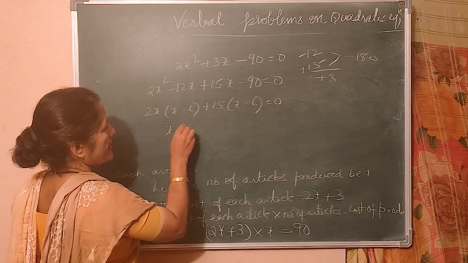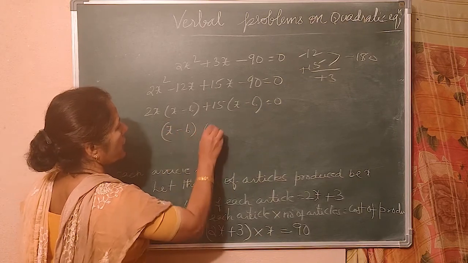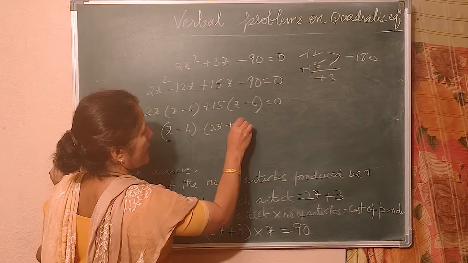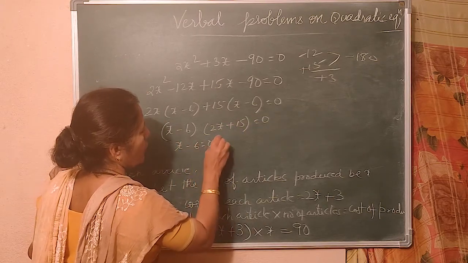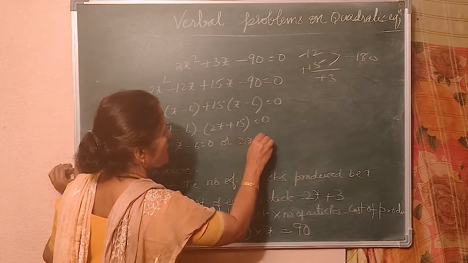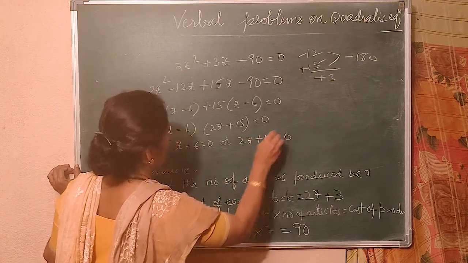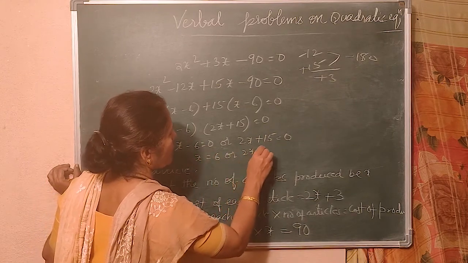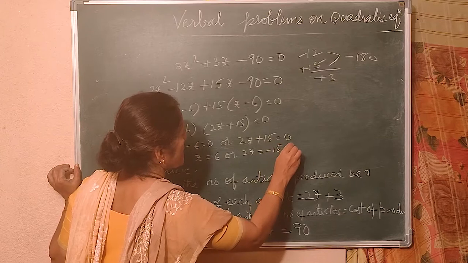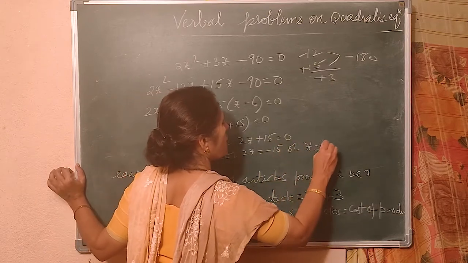So x minus 6 into 2x plus 15 is equal to 0. x minus 6 is equal to 0 or 2x plus 15 is equal to 0. So x is equal to 6 or 2x is equal to minus 15 or x is equal to minus 15 by 2.